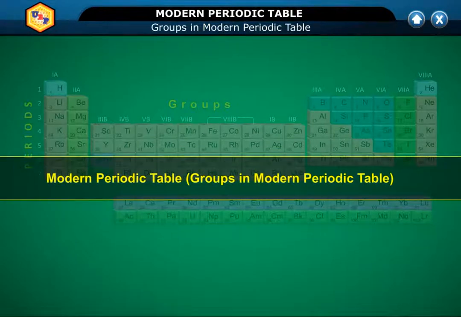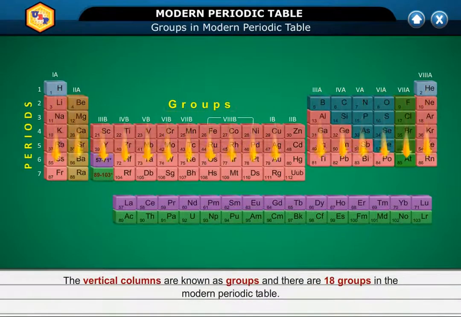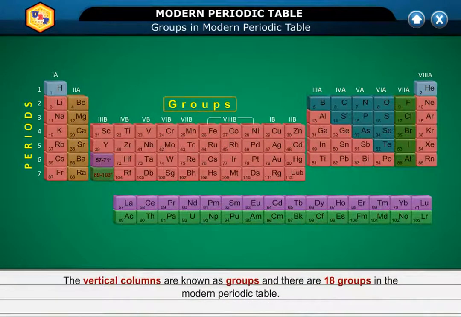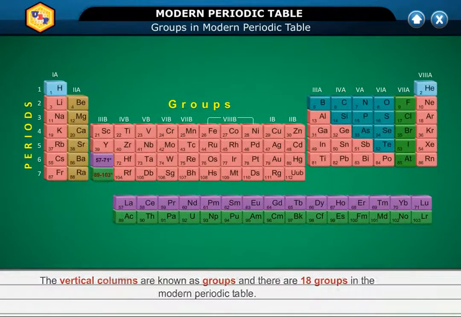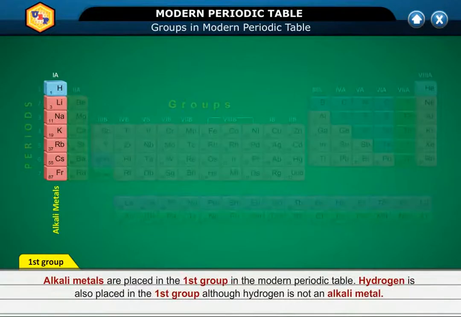Modern periodic table. Groups in modern periodic table. The vertical columns are known as groups, and there are 18 groups in the modern periodic table. First group. Alkali metals are placed in the first group in the modern periodic table.